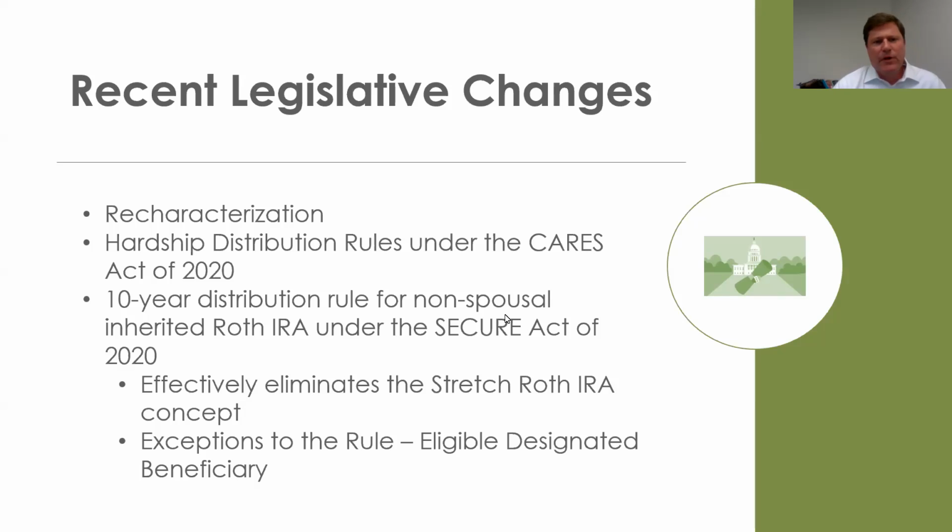If you're familiar with the stretch concept, you understand that once someone inherits an IRA, they have the ability to stretch the value of that account out over their life expectancy and only take out minimum distributions based on that life expectancy. I mentioned that calculation earlier that involves life expectancy and account value at the end of the year. Same thing happens with a Roth.